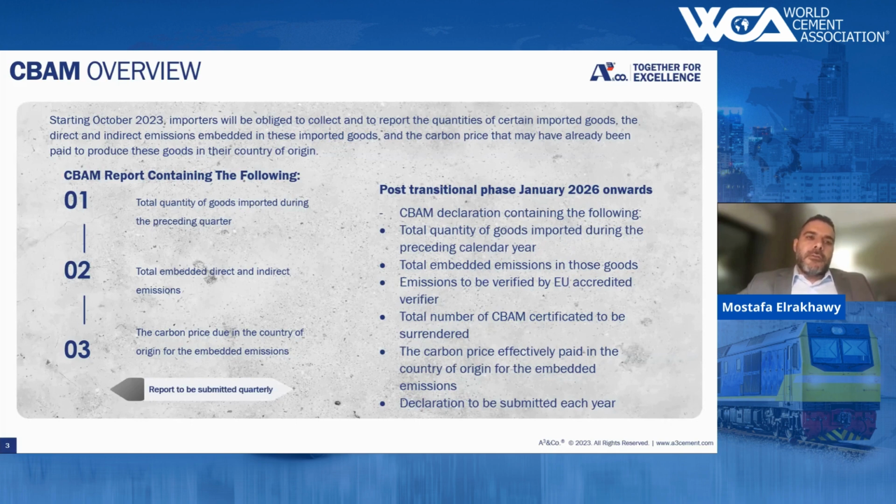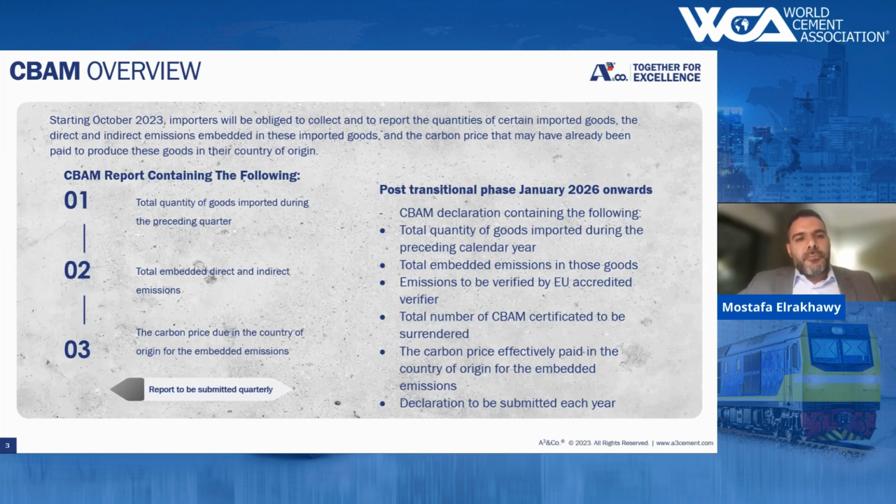As of the 1st of October 2023, we entered into the transition phase, in which the companies will not pay for CBAM certificates or for the taxation up to January 2026, but they should start reporting their carbon emissions for the quantity of goods imported, of course, to the EU.